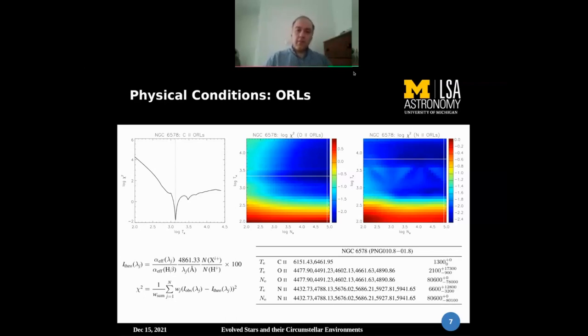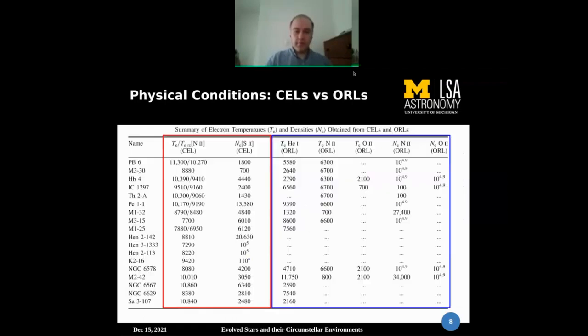Using this method, which is based on minimizing the difference between normalized flux intensity and the normalized value predicted by theoretical models, I also obtained the physical conditions from optical recombination lines. On this figure, the line shows where there is a minimum chi-square value, which is associated with the best-fit parameters.